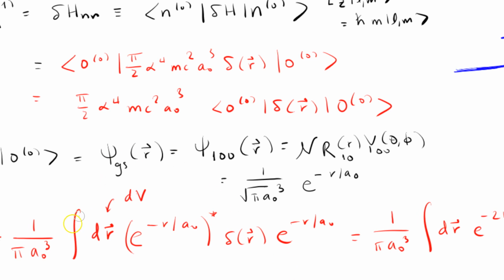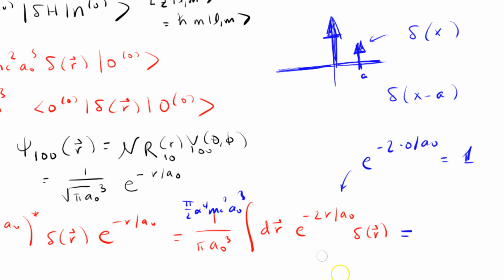This should be pi over 2 alpha to the 4th mc squared a naught cubed. The constants get tricky here. You see these a naught cubes cancel out, the pi's cancel, so we're just left with alpha to the 4th mc squared over 2. And this is the first order energy correction.